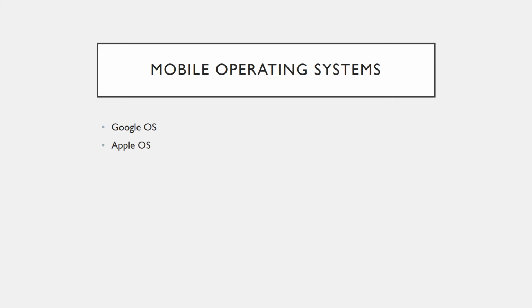Apple, on the other hand, is completely the opposite. They have their own software development kit, and the application can only be loaded onto the device through the App Store, which is the property of Apple. So the developers are a little more bound by that.